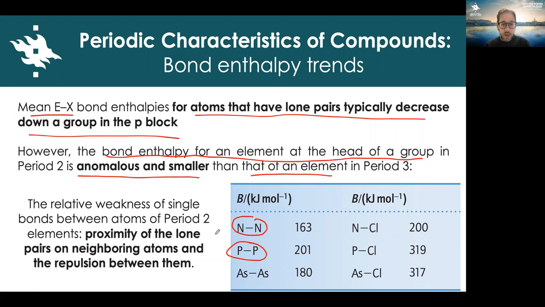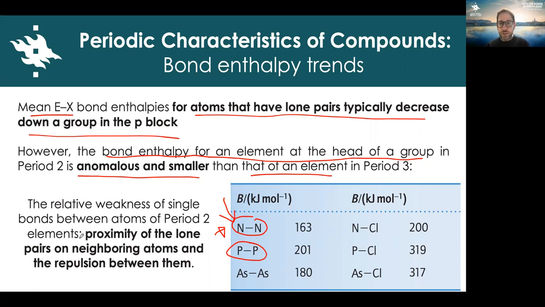So what makes this bond energy smaller than what would be expected for the elements at the top of the group, or the first element of the group, is because these atoms are smaller, so they are closer together, right?